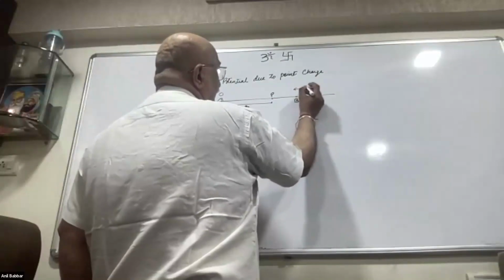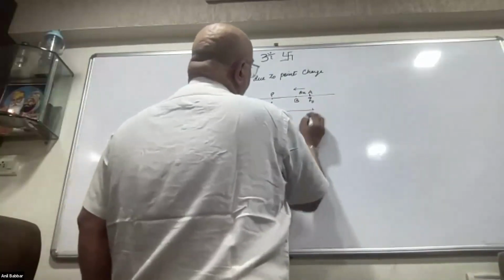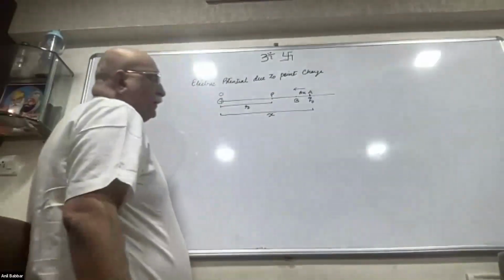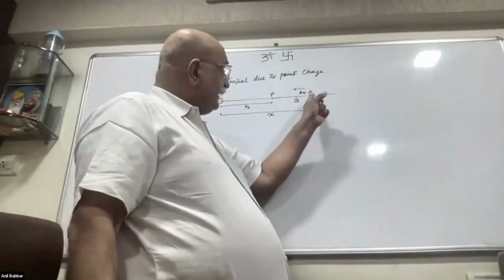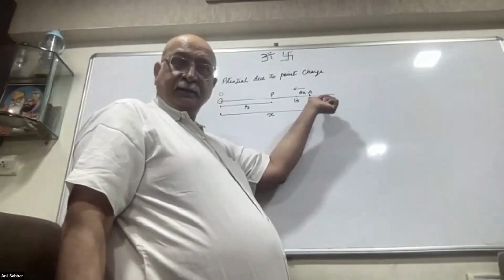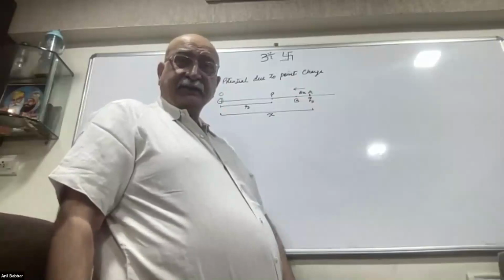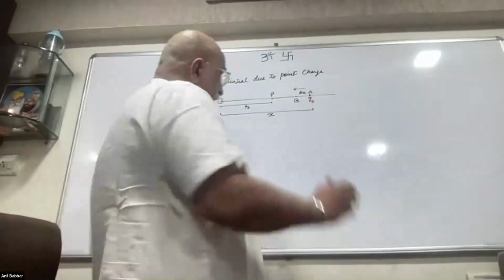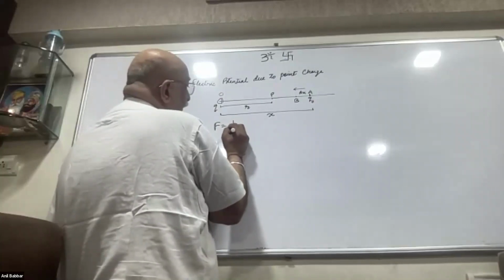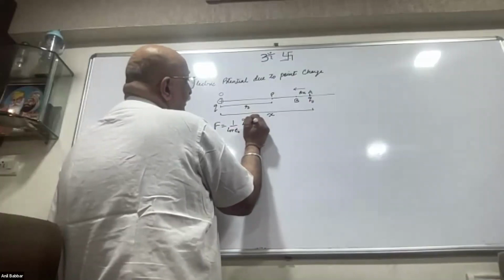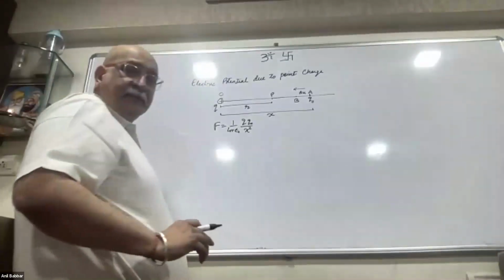Let's say this is the distance moved, dx, and this point A lies at a distance of, say, x from point O. Now, the electrostatic force acting on the test charge Q naught, due to the source charge Q, is equal to 1 by 4 pi epsilon naught Q Q naught upon x squared.